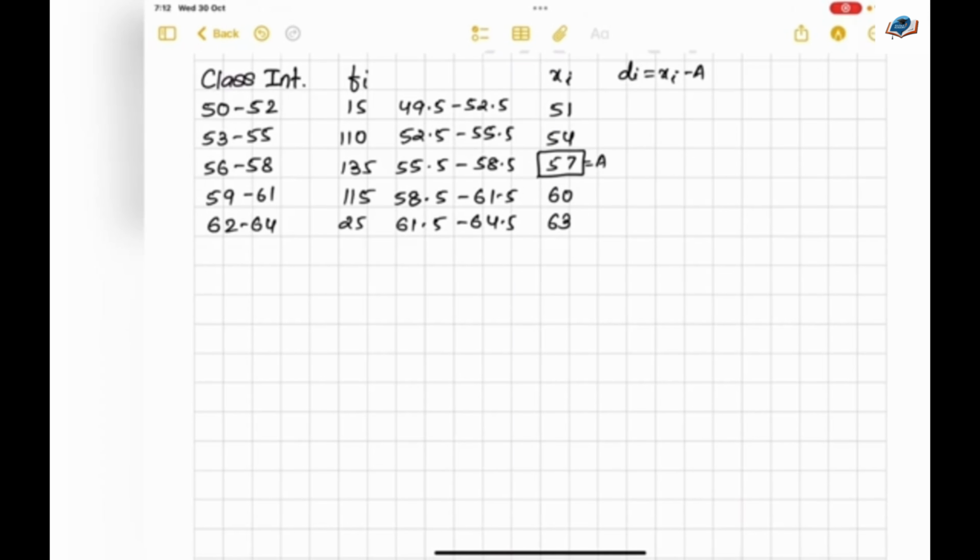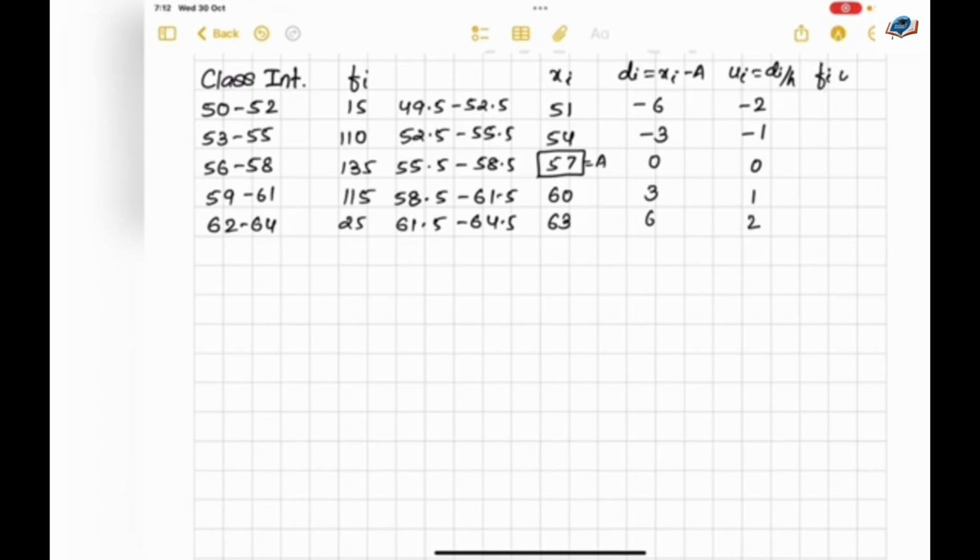So 51 minus 57 means minus 6, minus 3, 0, 3, and 6. This always comes in equal gap. Now ui equal to di by h. So di is minus 6 and gap is of 3. So minus 2, minus 1, 0, 1, and 2.